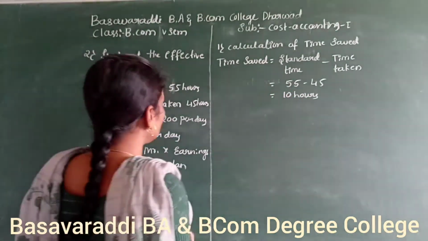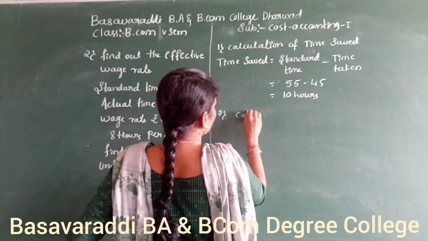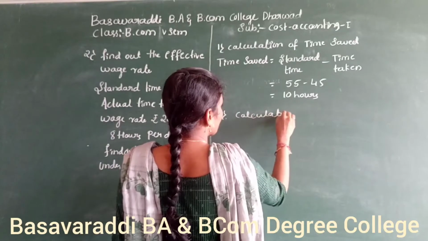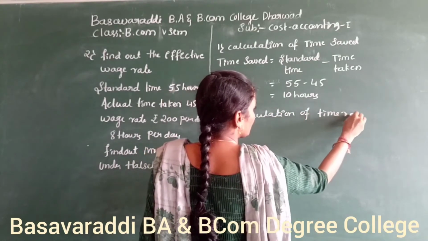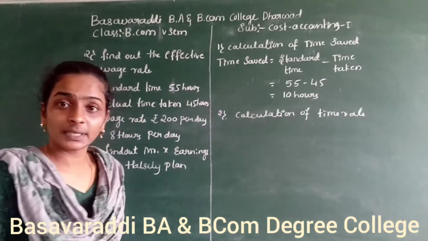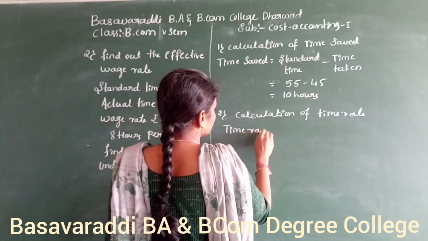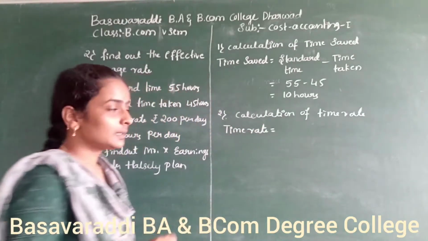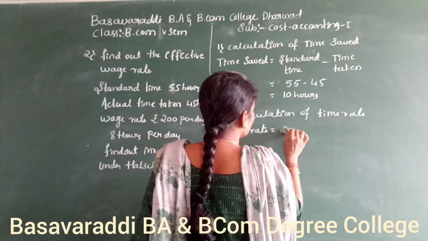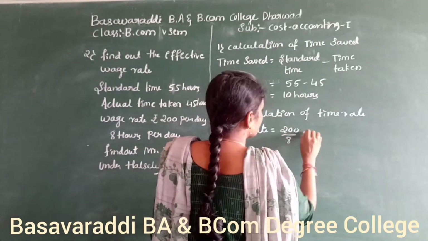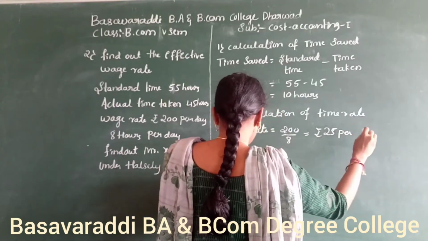The next one is calculation of time rate. Time rate is equal to the wage rate given, 200, divided by 8, which is rupees 25 per hour.